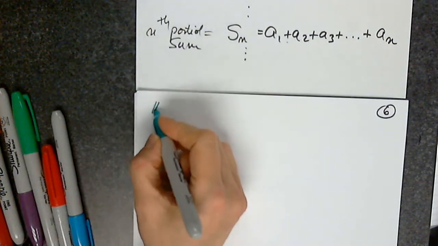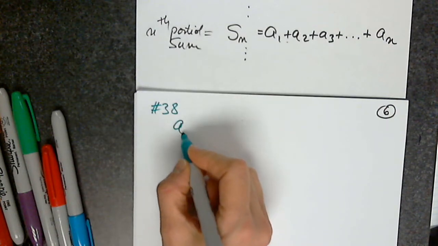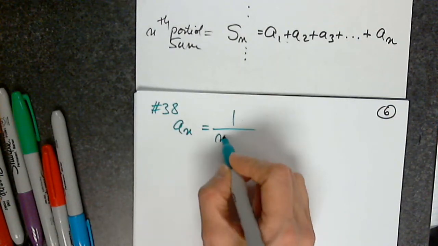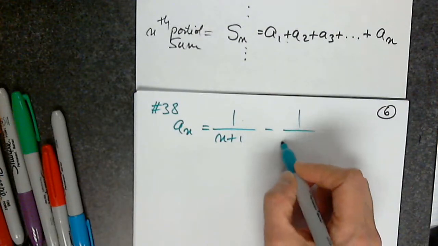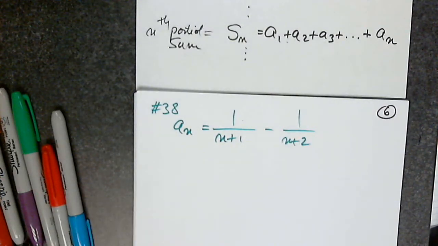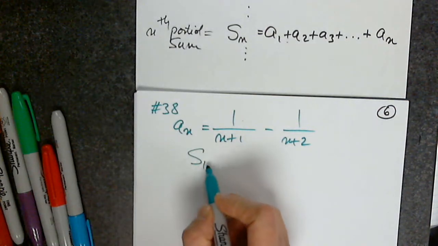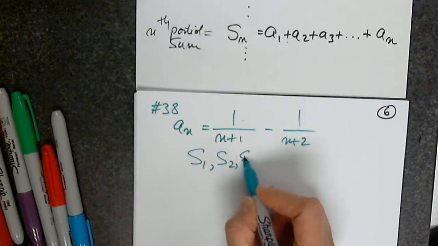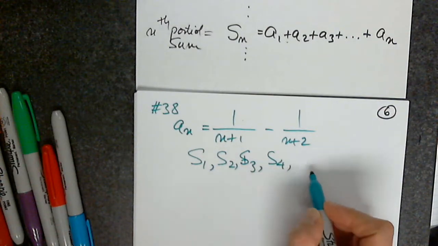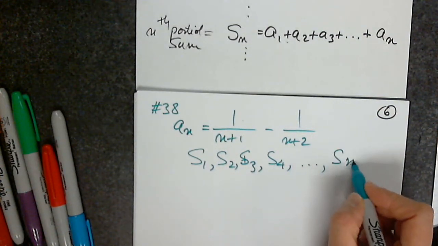Ready? So let's look at 38. AN equals 1 over n plus 1 minus 1 over n plus 2. They want the first four partial sums. So they want S1, S2, S3, S4, dot, dot, dot, and they also want Sn.